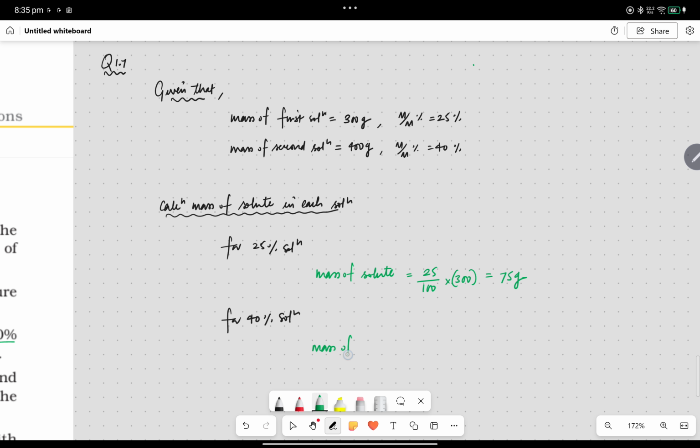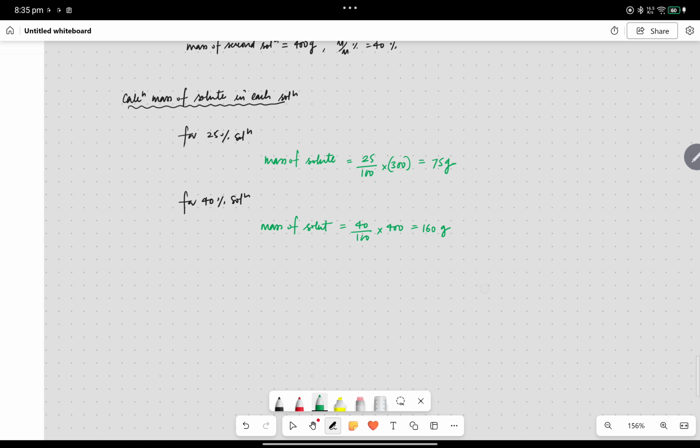Same, mass of solute is equal to 40 by 100 into 400, that is 160 gram, right? Simple. And now you have to calculate the total mass of the solute and the solution, both we have to calculate, right? So that we can use it in the formula.